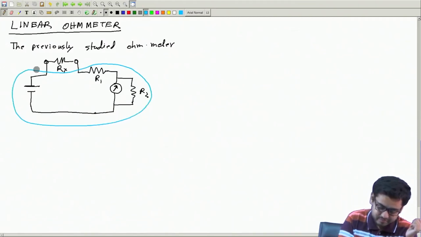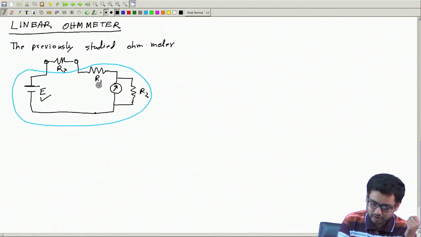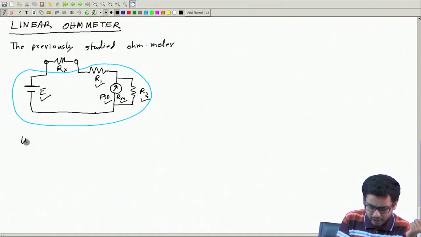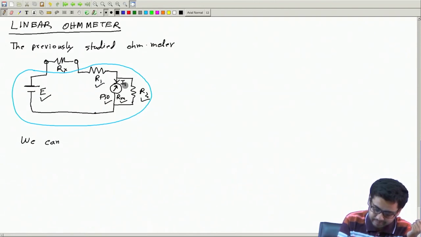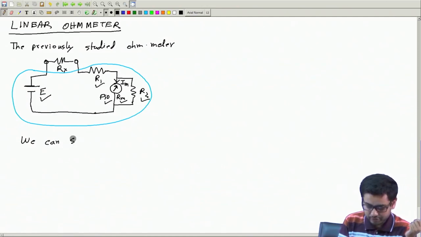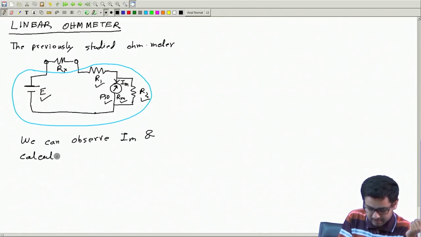Now you know that if the value of E is known, if R1 is known, if R2 is known, if the meter resistance Rm is known, and the full scale deflection current is known, if everything is known, then we can observe the current Im and calculate Rx from it.